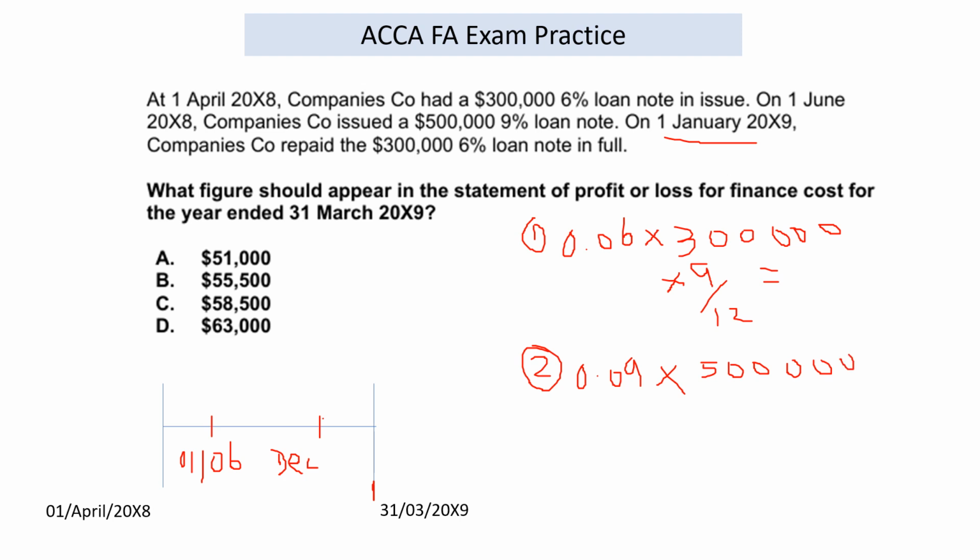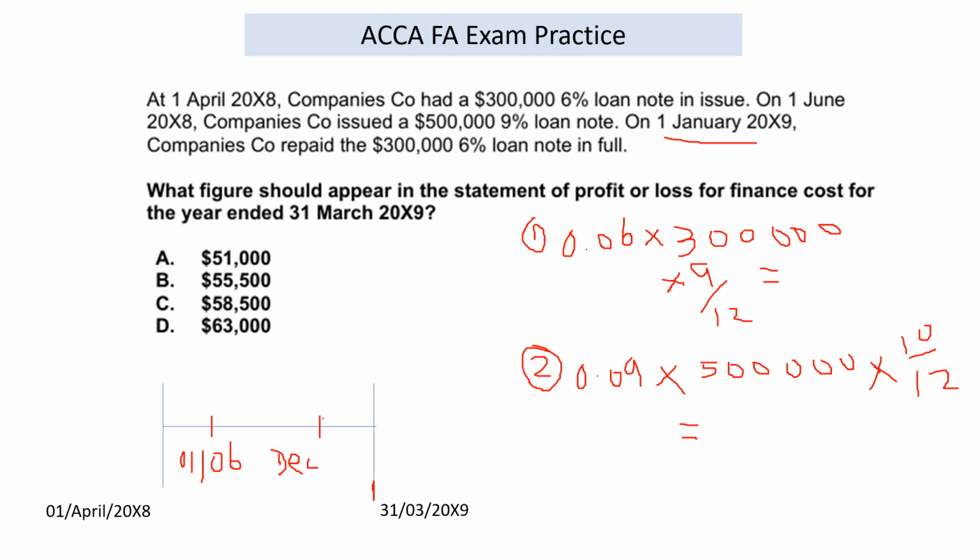But we have to also multiply by 10 over 12, the number of months. Now, what's the deal? Let's do the calculations, and basically we will need to add the two figures to find the total interest because we have two loan notes.